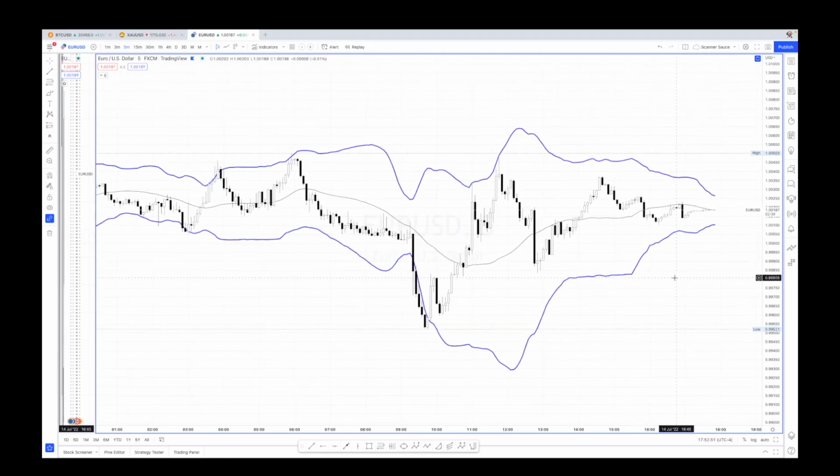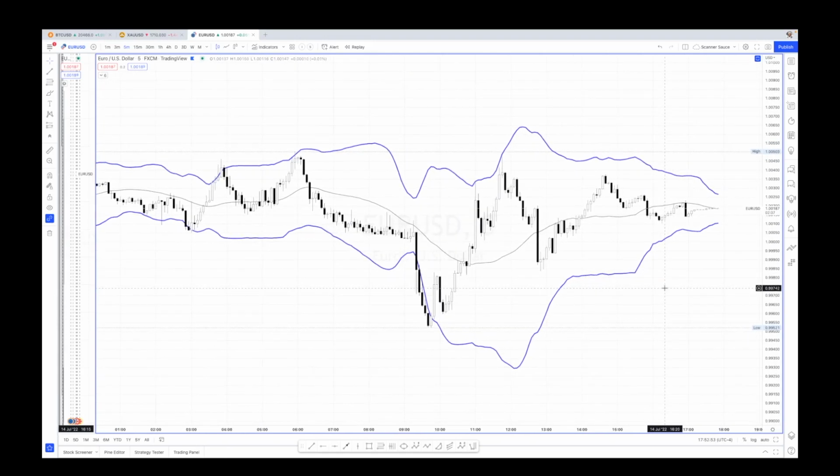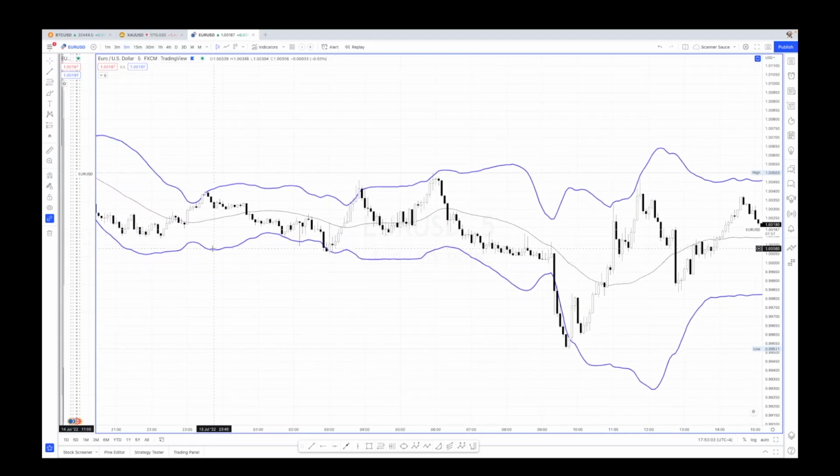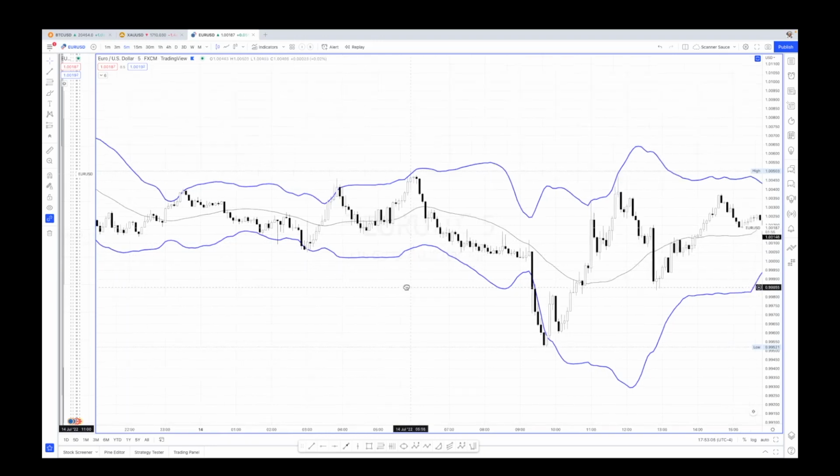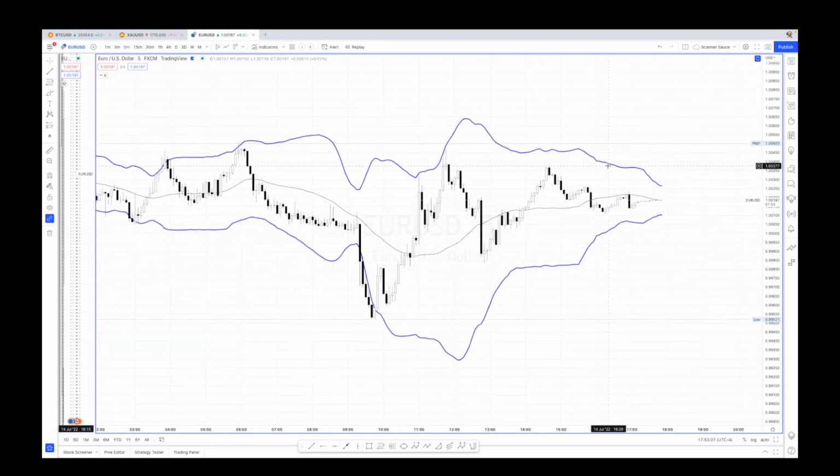To get right into it, I like to think of Bollinger Bands as rubber bands. The way Bollinger Bands work is whenever the market gets within the band, there's a reaction. Before I get too deep into that, you have this top band here where my cursor is.